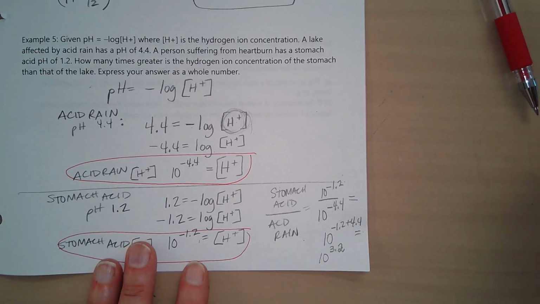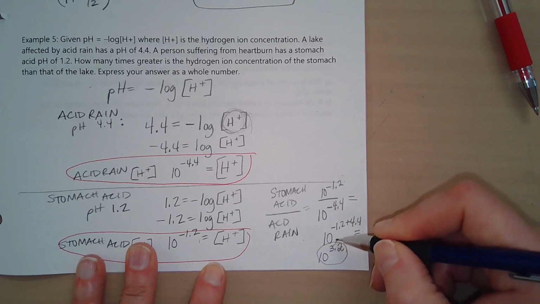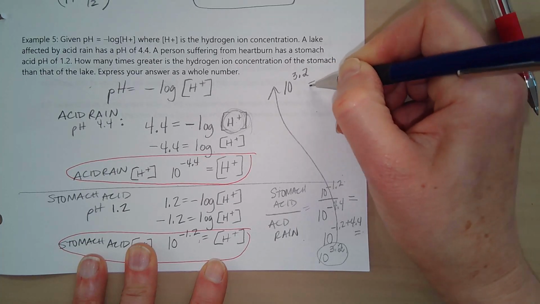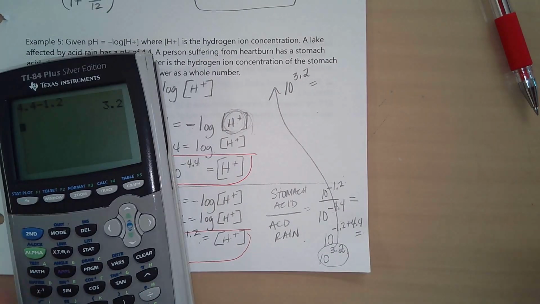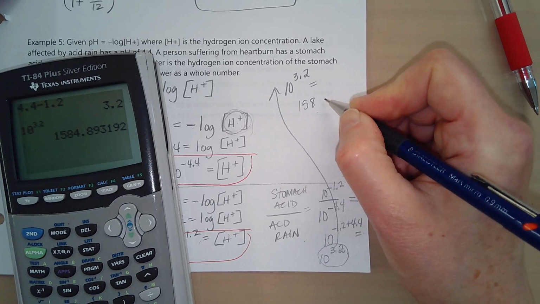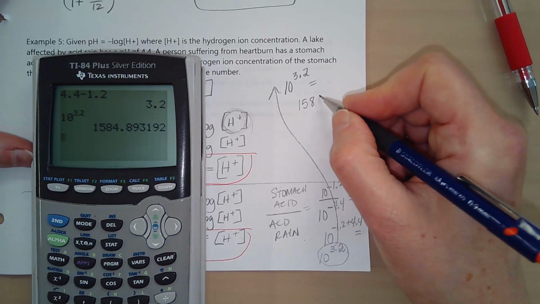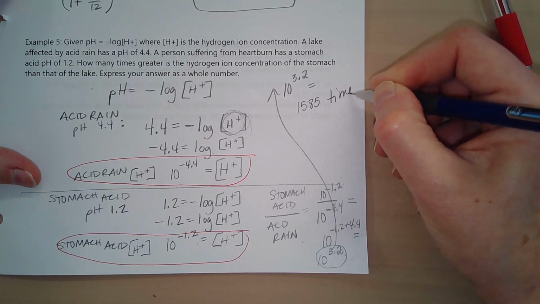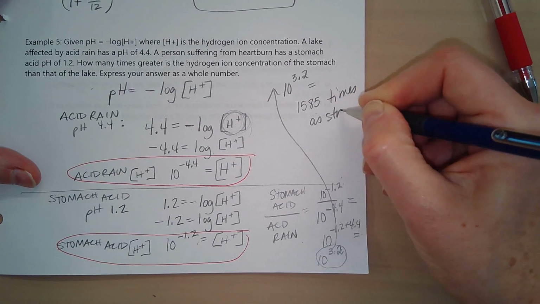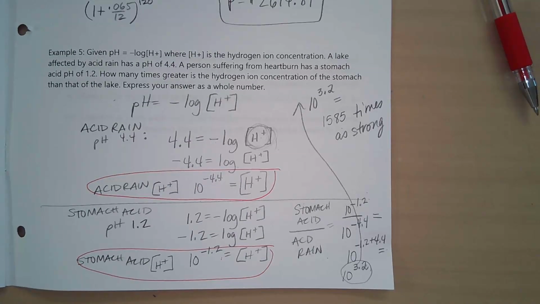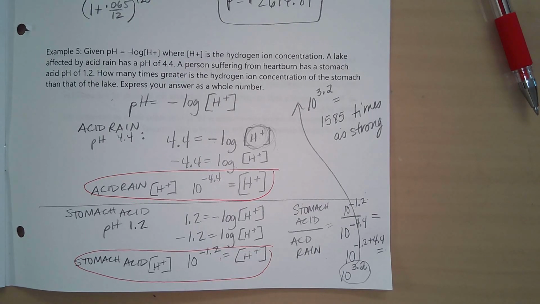Well, sorry, I kind of ran out of room here. It's going to move up here. 10 to the 3.2. What's that as a whole number? Let's see what that is. 1585 times as strong. So stomach acid is 1585 times stronger than a polluted lake.